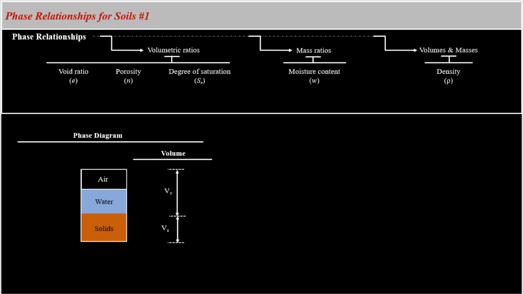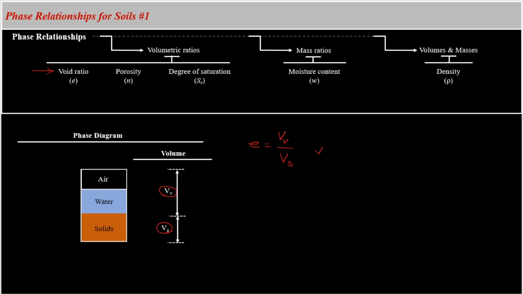The first parameter that we want to talk about is based on the volumetric ratios, and it is the void ratio. Void ratio is shown by e and is equal to the ratio between the volume of voids and the volume of solids that are shown here.